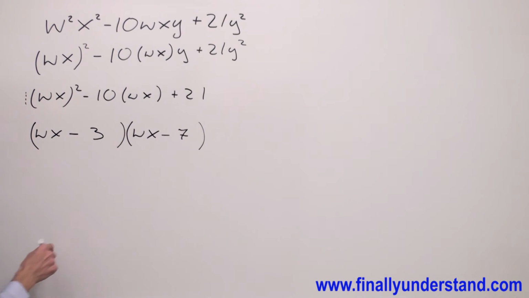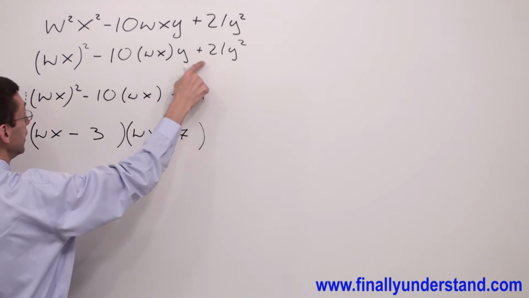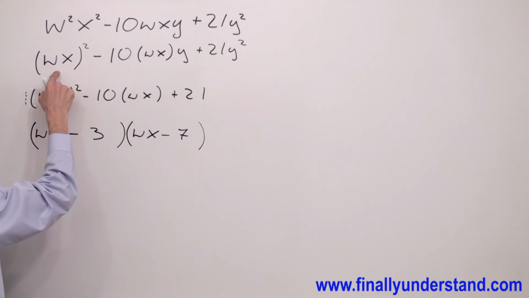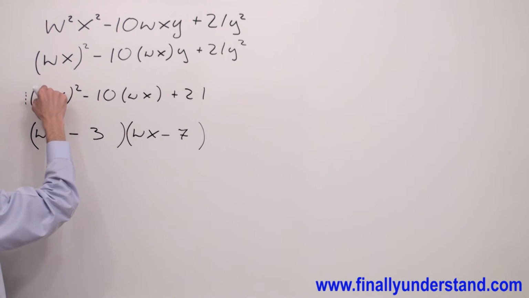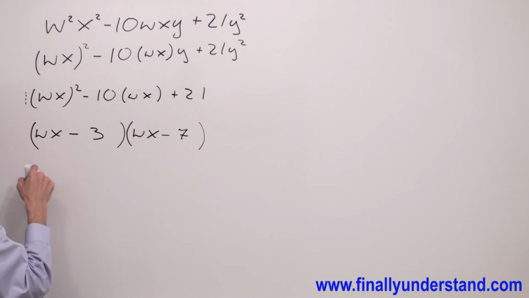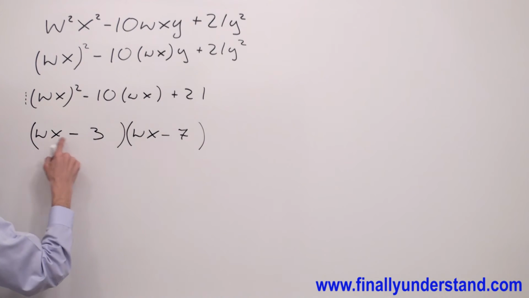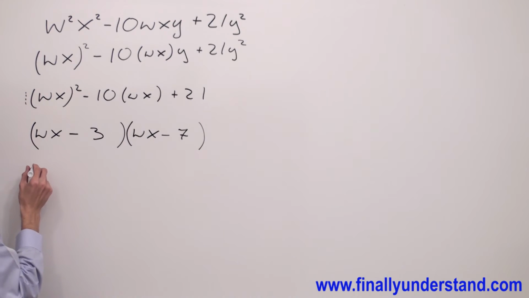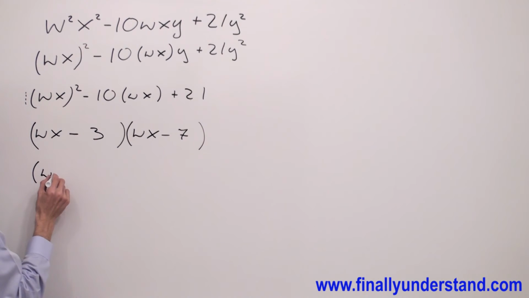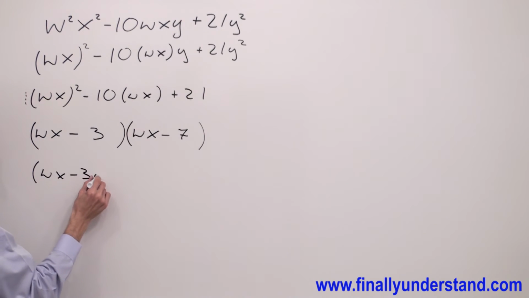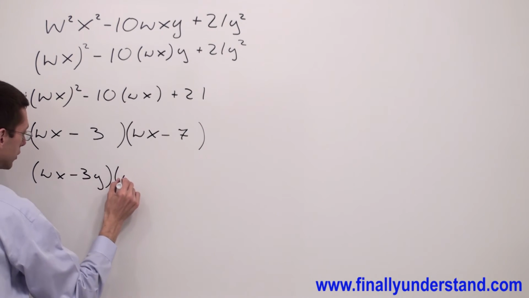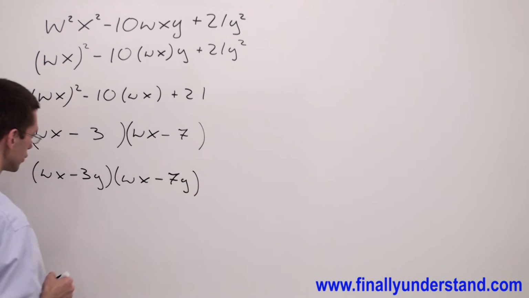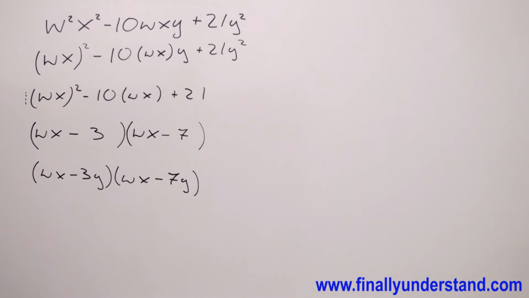Not yet. Remember that we forgot at the beginning about two y's. Now, I do not have y next to the first term. Y is not part of the first term. That's why I'm not going to write y in the first terms of my binomials. That's why I'm going to write wx minus 3y times wx minus 7y.